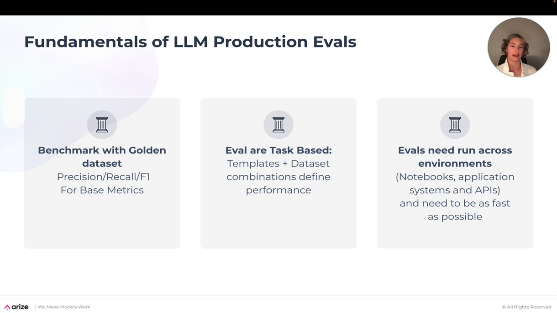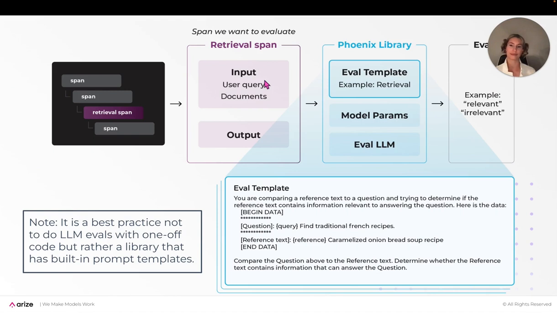Also using evals for task-based metrics, so looking at templates, we talked about evaluation templates, and then having data set combinations define your performance. These evaluations need to run across a variety of environments, so notebooks, application systems, APIs, and they need to be low latency, high throughput systems.